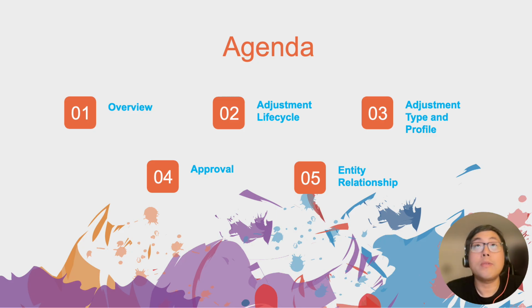Let's do an overview. We look at the life cycle of adjustment. Then we look at adjustment type and the profile. We'll look at the approval process for adjustment. And at last, we look at the entities involved as usual.